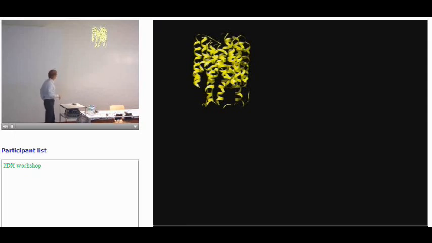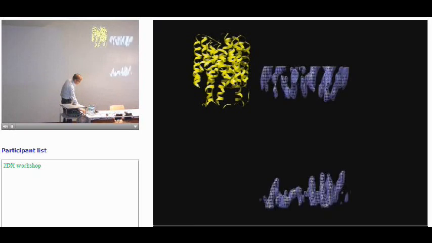So let's say we want to calculate a map which covers this model which we have here. We use the FFT program to calculate the map, and this is what comes out. And you're maybe at first sight not so happy with it.